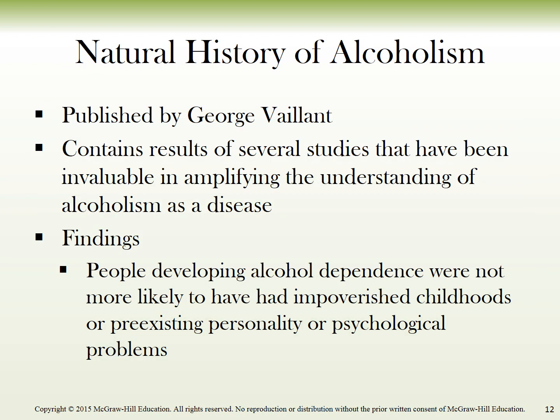About 30 years after Jellinek's work was published, George Vaillant published the Natural History of Alcoholism, which was really an update of Jellinek's work, and really looked at extending, ideally either confirming or in some cases expanding and amplifying our understanding of some of the findings that Jellinek originally identified.